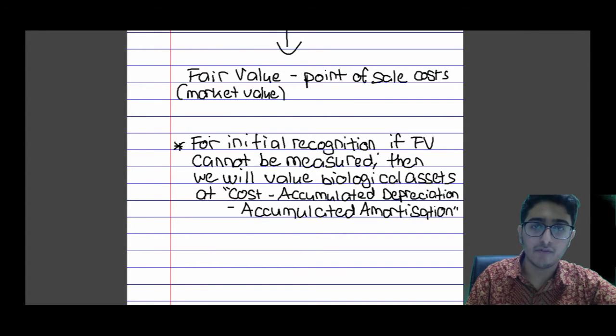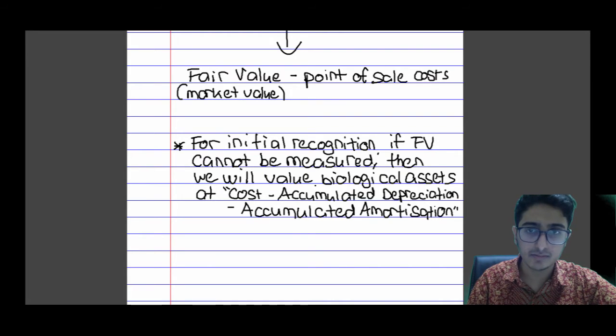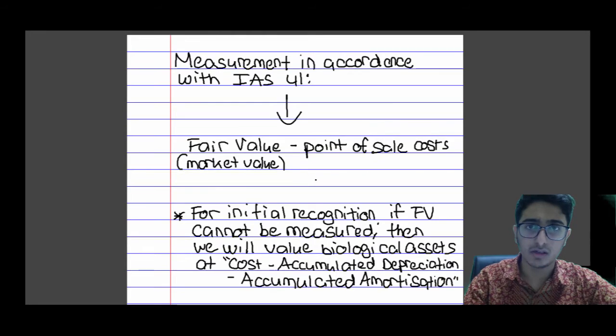If, when it comes to initial recognition, the fair value cannot be measured due to various reasons, then we will value the biological assets using this formula: cost minus accumulated depreciation minus accumulated amortization. This is how we are actually going to measure our biological assets.